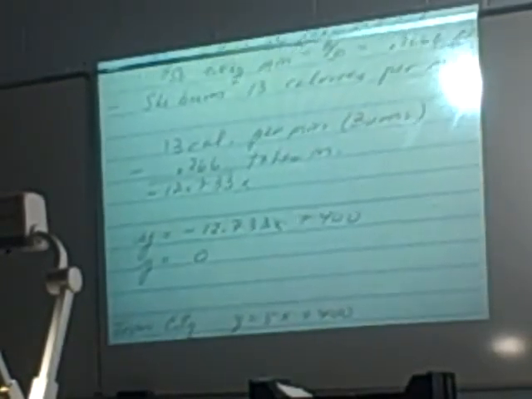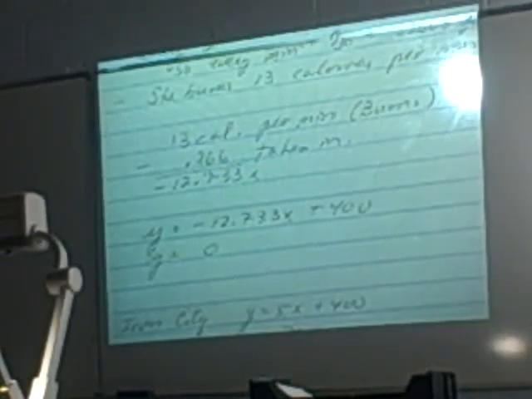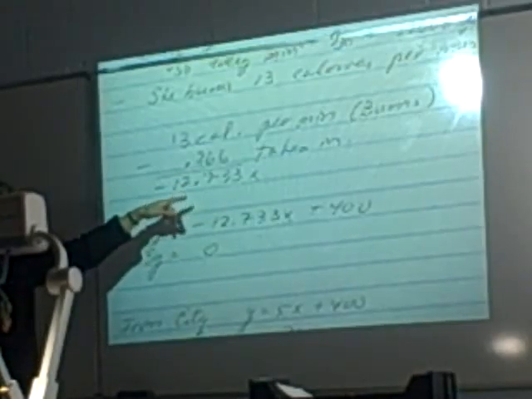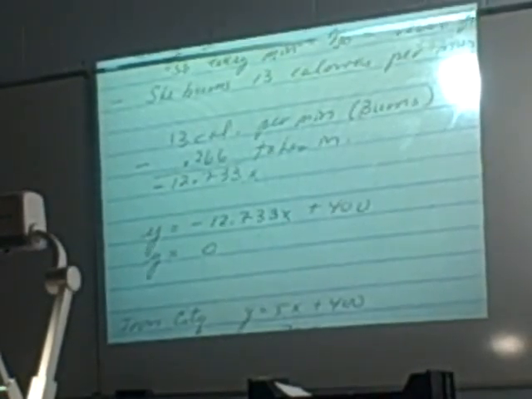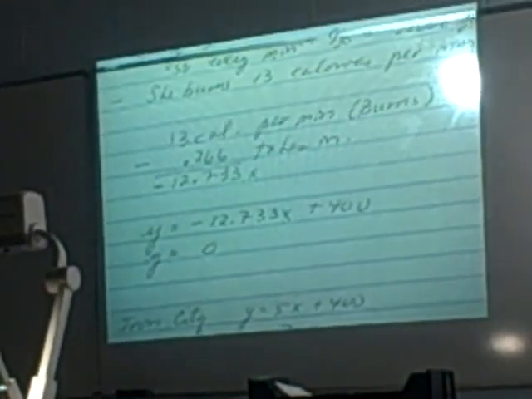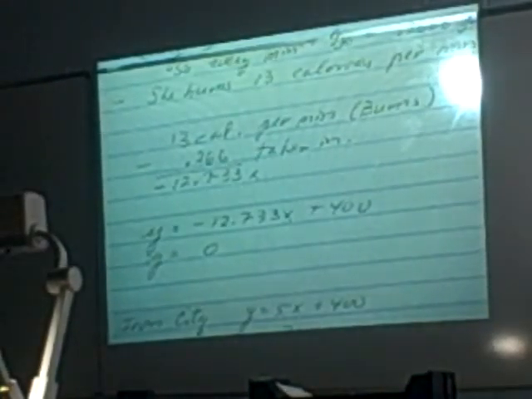Okay, I looked at this as 13 calories per minute that she was burning, and I did my 8 divided by 30, and I got 0.266. So I know that she was burning it at a negative 12.733 per minute. And she had the 400. And then what I did was I looked for when would it be 0? So you could just do 400 divided by 12.733, right?